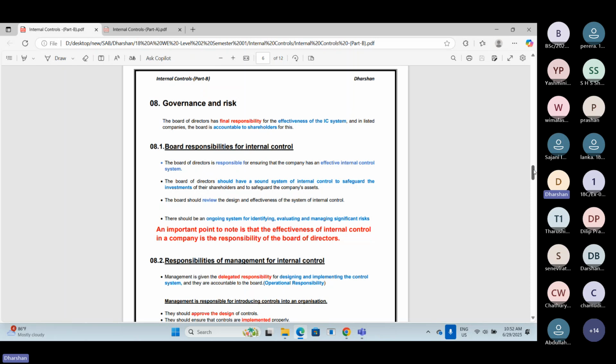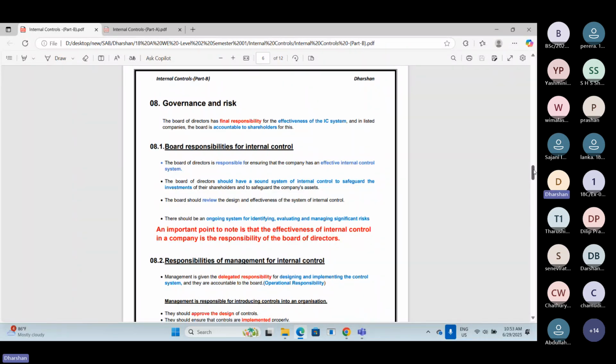In PLC companies, the board of directors is accountable to the shareholders. In private limited companies, mostly, I'm not saying 100%, mostly it is an owner-managed company, so directors and shareholders are the same person. When it comes to PLC companies, directors are separate persons and shareholders are separate persons. So the board of directors is accountable to shareholders.